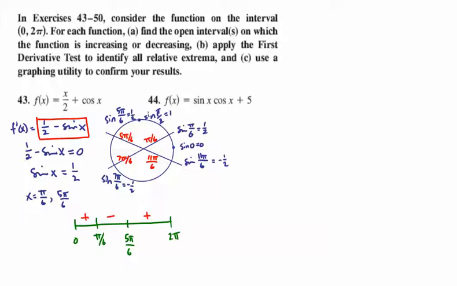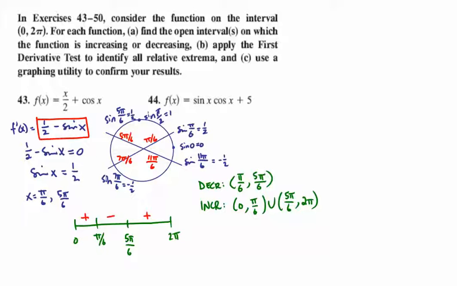So we have here the function is decreasing from pi over 6 to 5 pi over 6, and increasing from 0 to pi over 6, and from 5 pi over 6 to 2 pi.